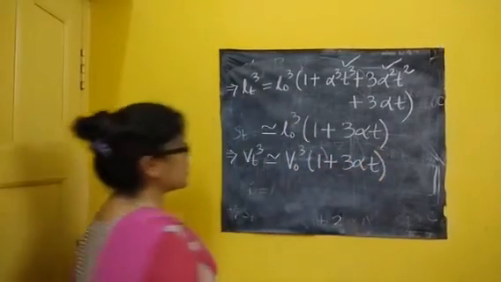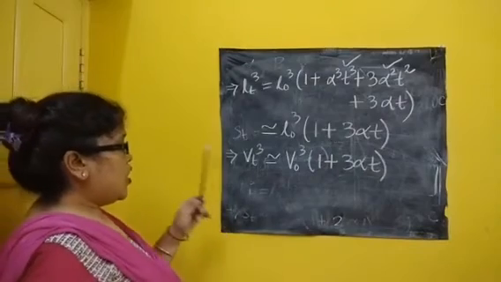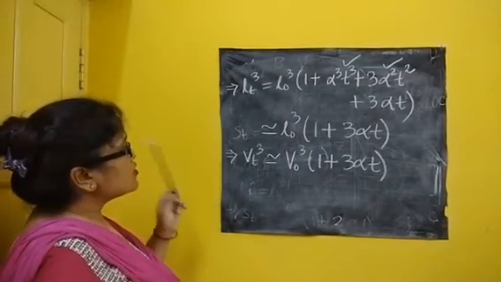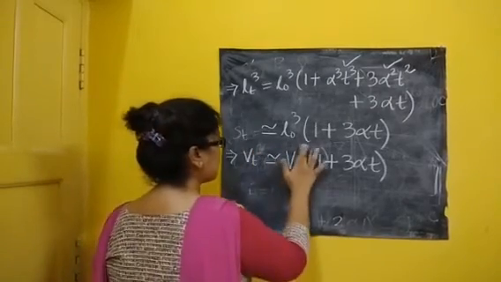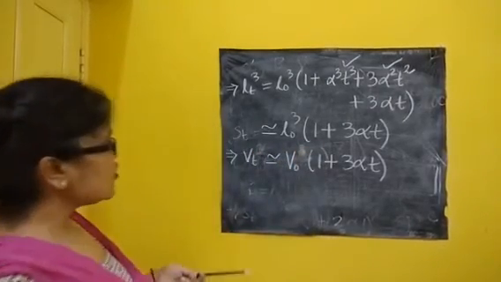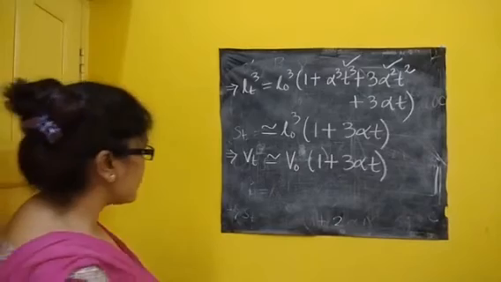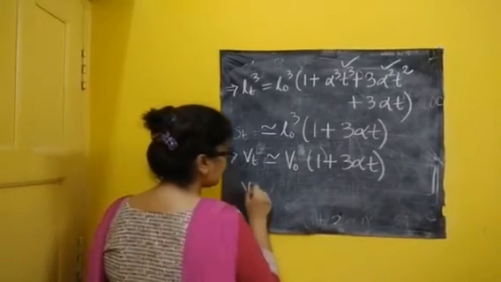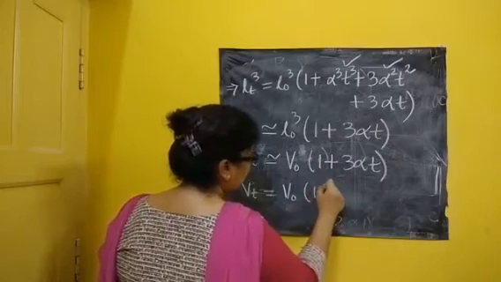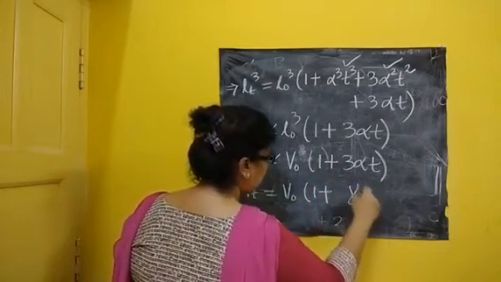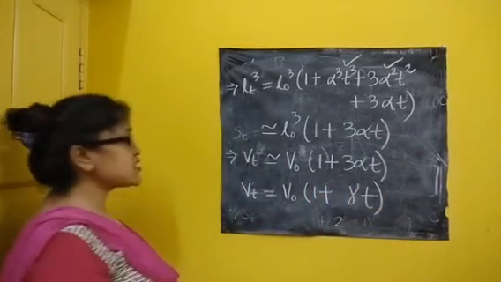I think no confusion. Now, this will be Vt and V0. Clear? Already I know from the coefficient of volume expansion that Vt will be equal to V0 (1 plus gamma t).